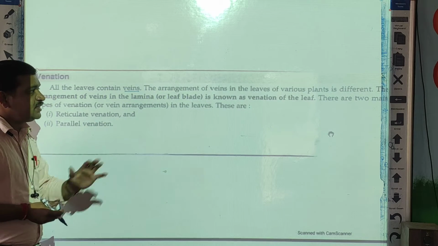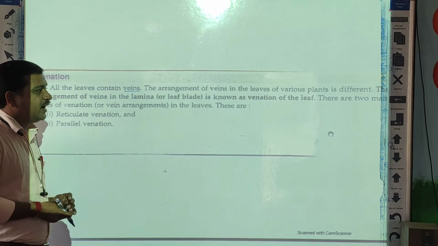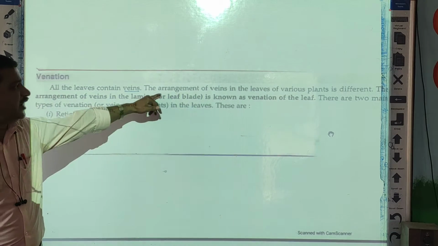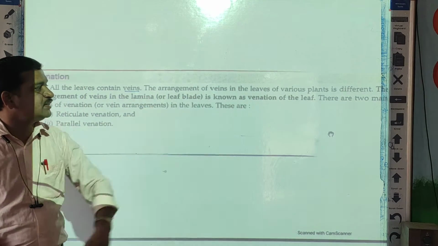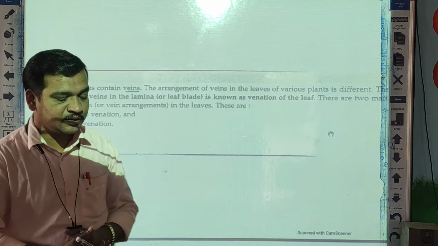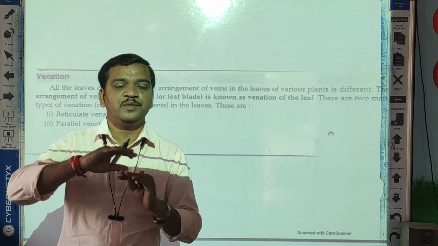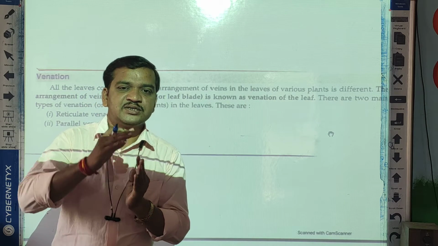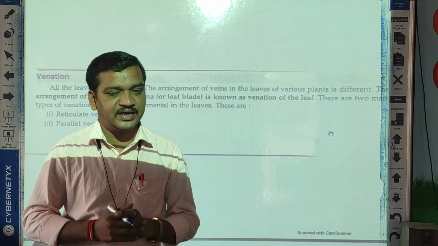But these veins are arranged in different ways. The arrangement of the veins in various plants is different, and that arrangement is of different types.